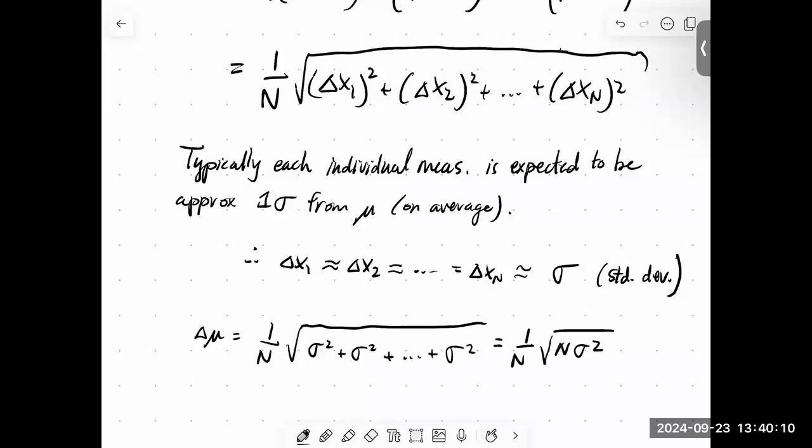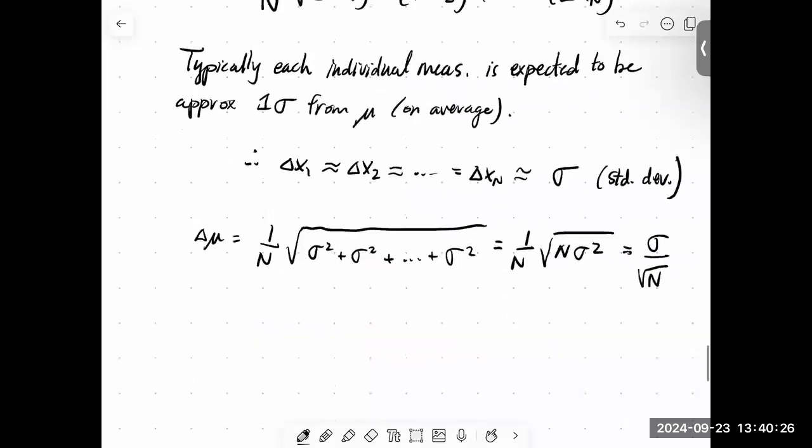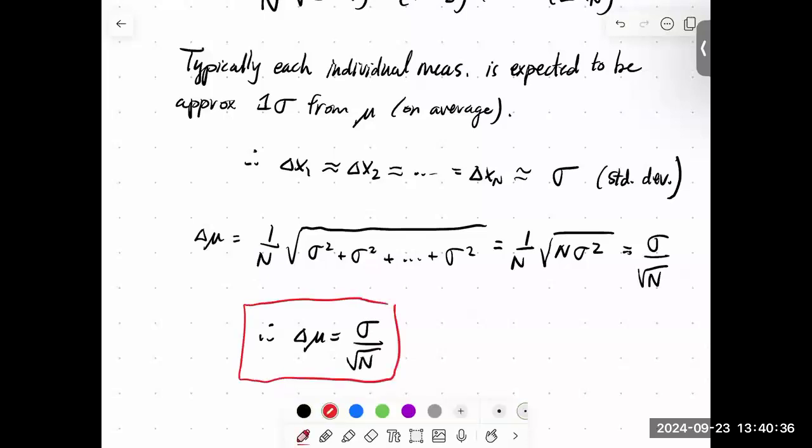And so now I have root n divided by n, which is 1 over root n. And then we have a sigma squared square root. And so this is sigma over root n. And so that is the result that we wrote down a few classes ago. And so therefore, the uncertainty in the mean is the standard deviation divided by the square root of the number of trials. And this was the result that we wanted to find.